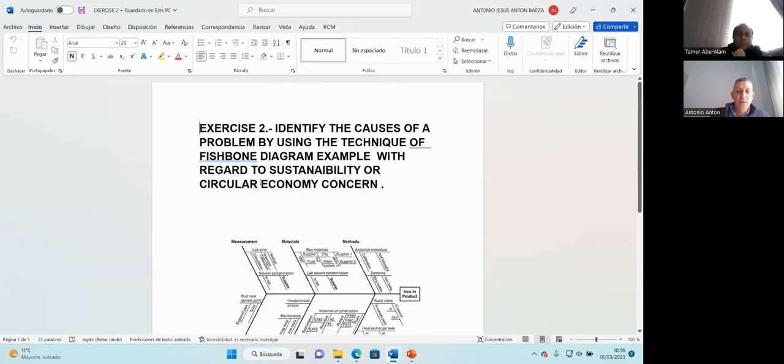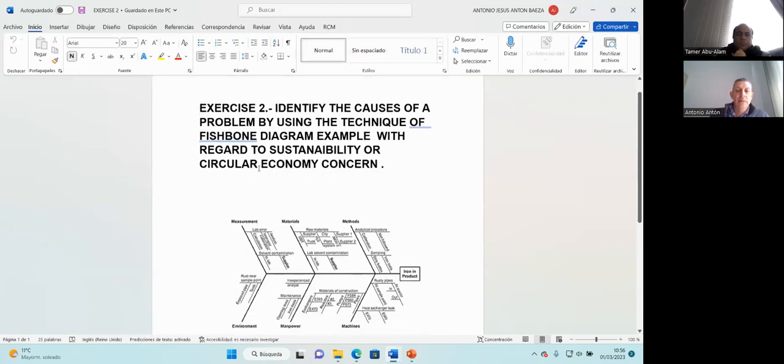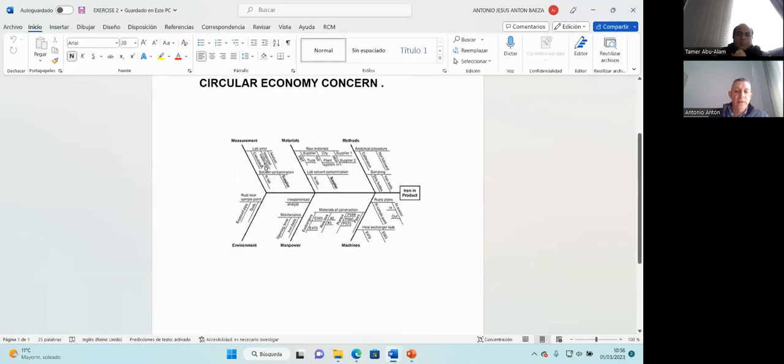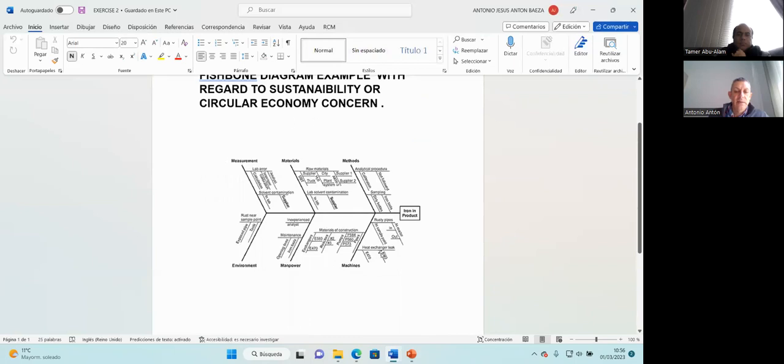This is exercise 2, which says use the fishbone diagram sample with regards to sustainability of circular economy. What I want from you is something like this. You need to study it on the right, and then radiate the different parts: measurements, materials, methods, environment, manpower, and machines, and then radiate its different consequences, brainstormings, and sub-consequences.